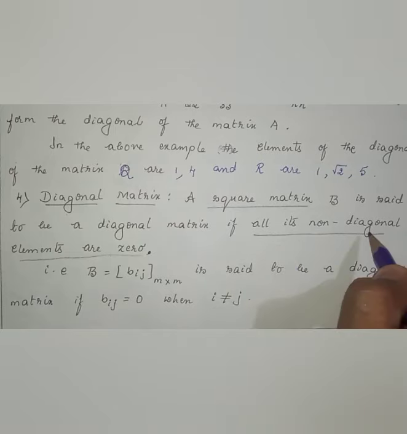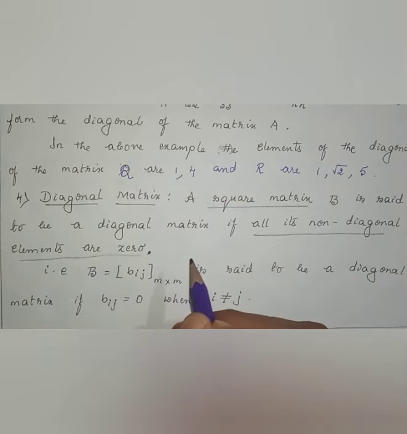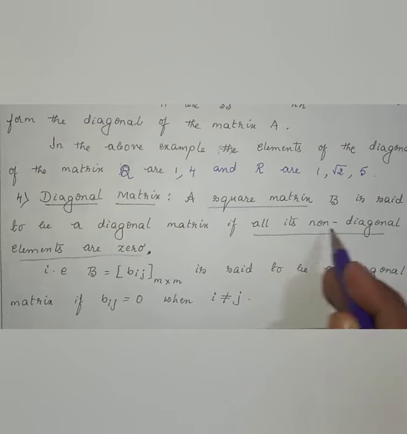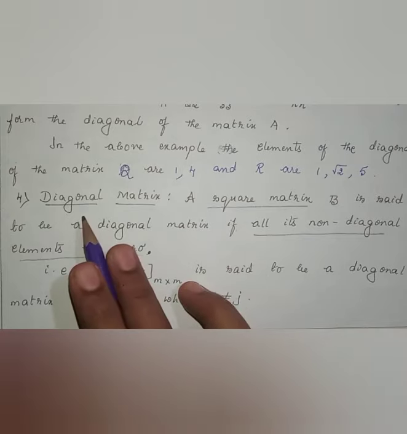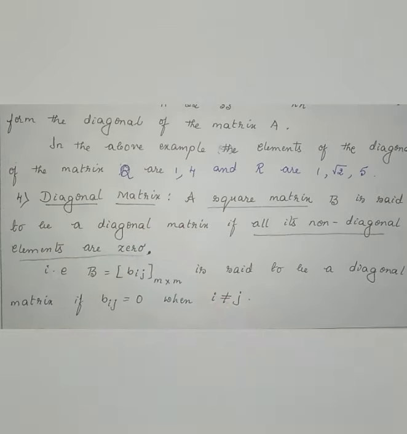Diagonal elements can be anything, functions or numbers, but all the non-diagonal elements must be 0. Then only we say that the square matrix is a diagonal matrix.